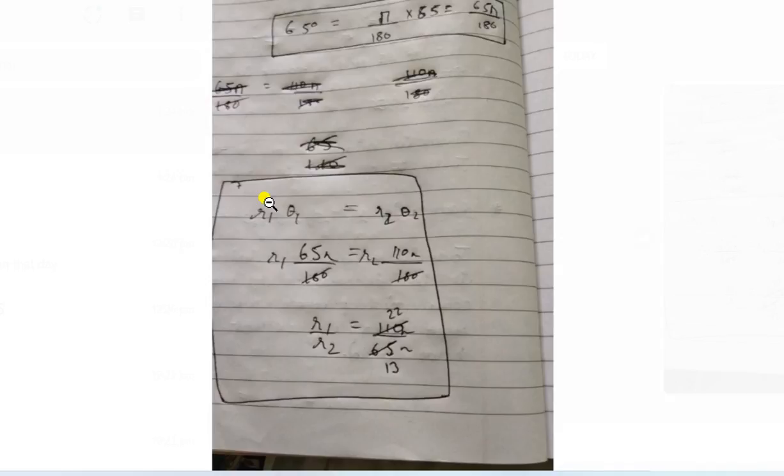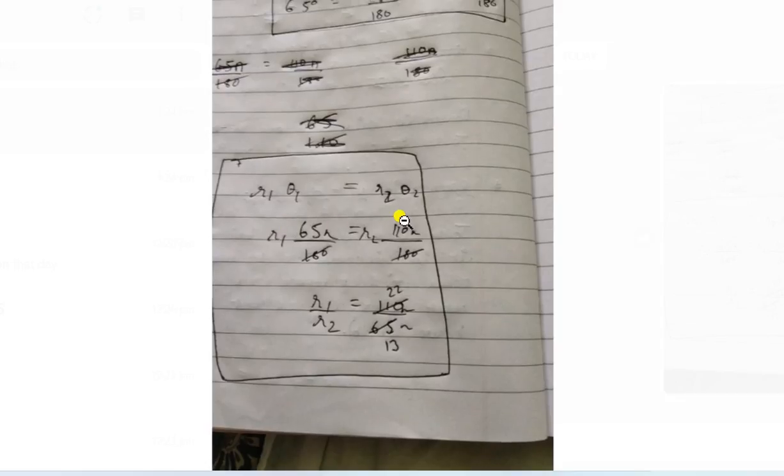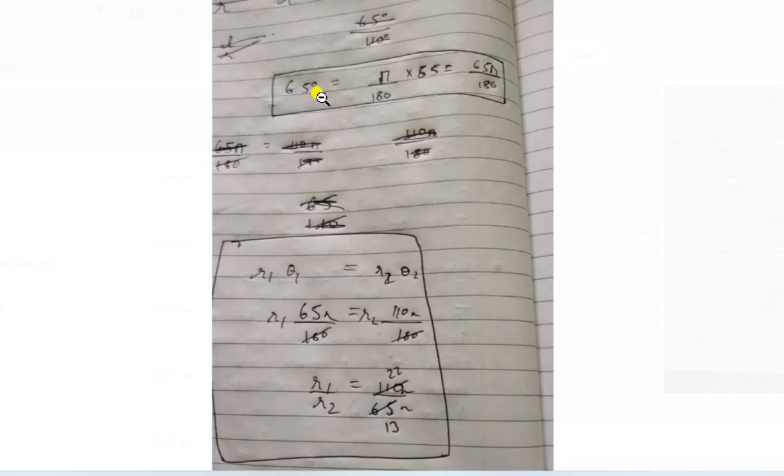Likewise we do the further calculation and get the answer as 22 by 13. After understanding the theory, the calculation was really quick. I'm very happy with the experiment. So yes, let's move on then.